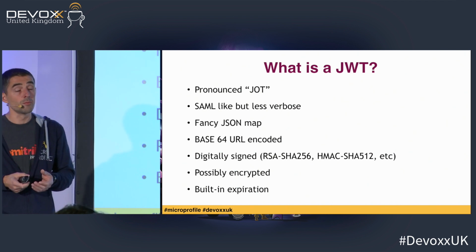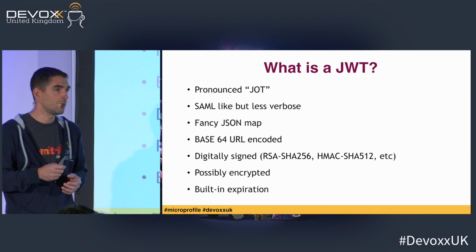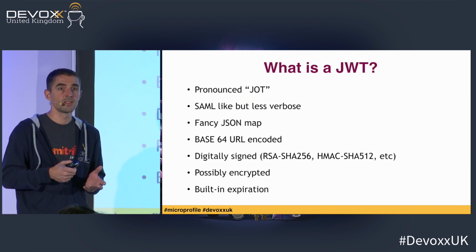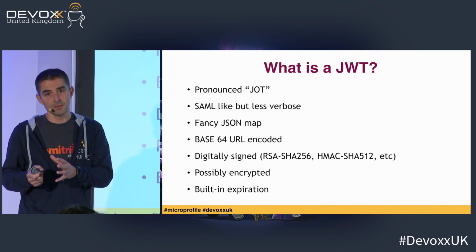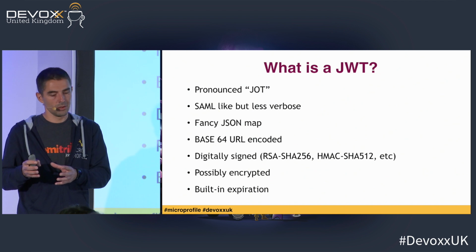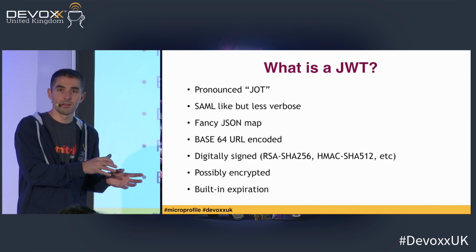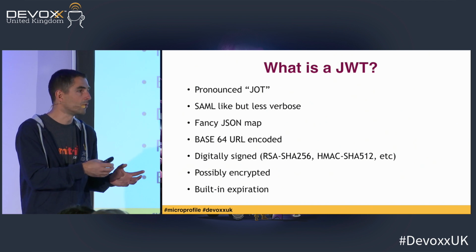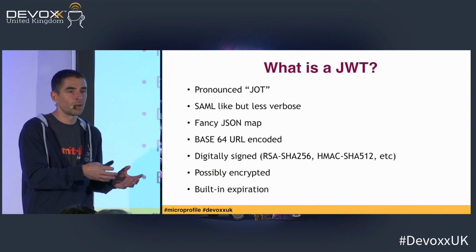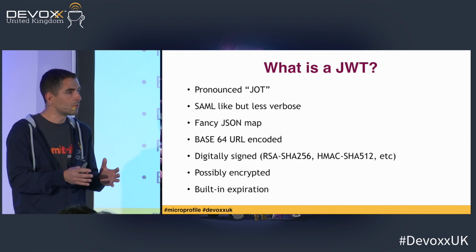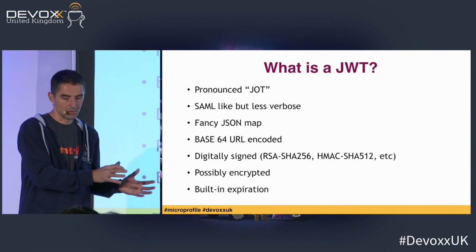The signature is very important, obviously, because you're going to be sending the token to the client, and instead of storing the state on the server side, like for the regular OAuth2 implementations, you're going to be sending the state to the client side. So you need to make sure that the client won't be changing the content of the token, so you won't be able to add any roles in there, for instance. So to do that, you sign the token. So you send the signed token to the client side.